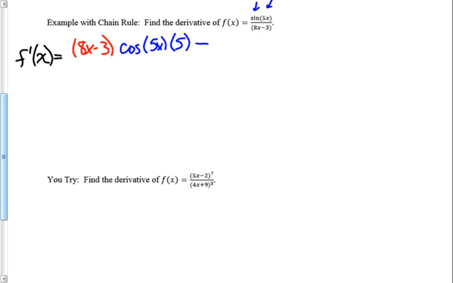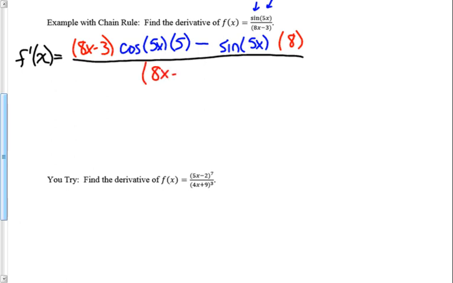Subtract again, because I have a quotient. Then I'm going to leave the top as is, sine of 5x, and I'm going to multiply that by the derivative of the bottom, which is just 8. I'm going to take that and divide by the denominator squared. So 8x minus 3 squared.